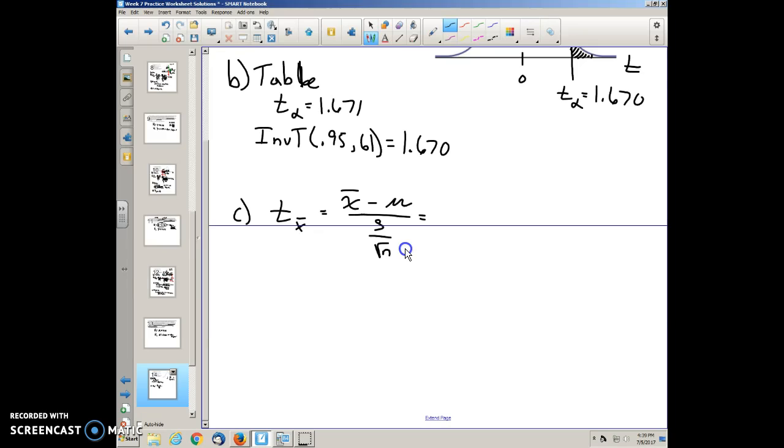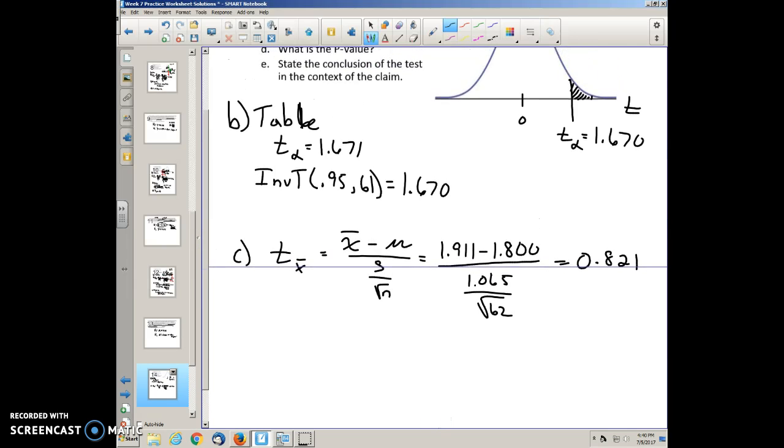So our sample mean, x bar, is 1.911 minus 1.800 over, and the sample standard deviation is 1.065 over the square root of 62. Plug that into a calculator, 0.821. With the t distribution, we go to 3 decimal places. 0.821 is here.